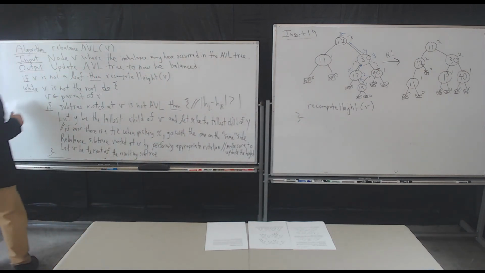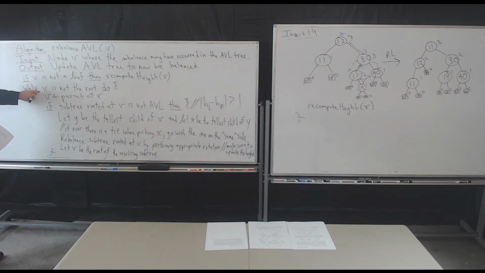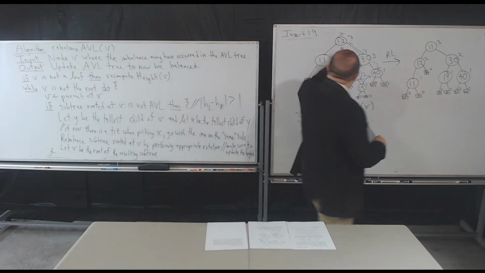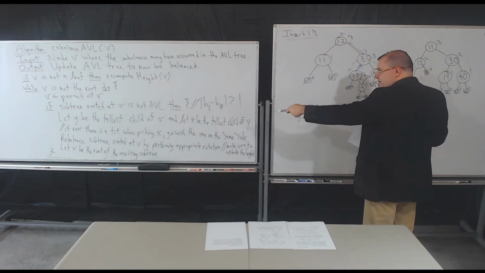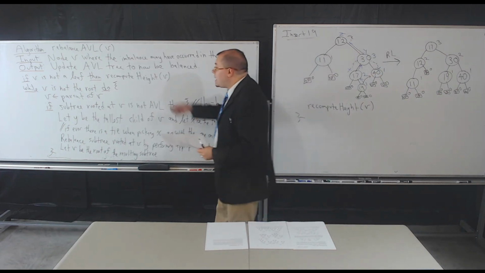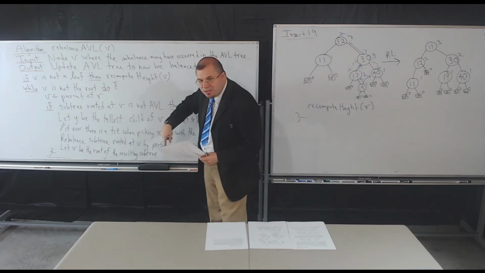V is not the root. If it becomes the root, what does that mean? So V is the root itself. Remember, every time I assign this to be the parent of V, when I finish this process, if I reach the root after I've computed the heights and everything, because remember, every single time I do this, I go up to my parent and then I check the height balance property.